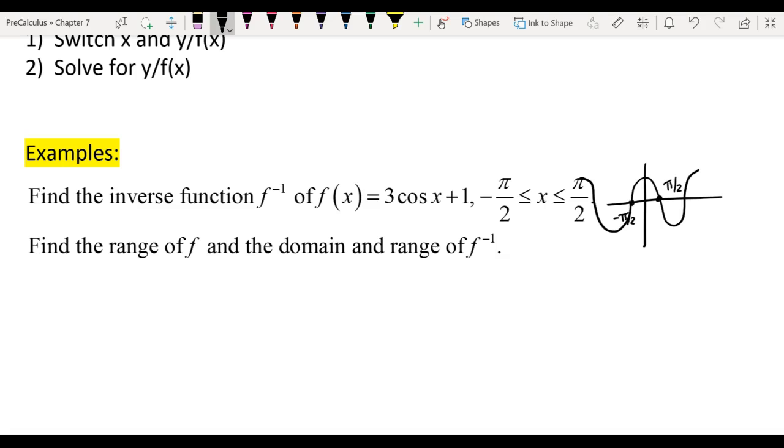And then we have to know what negative pi over 2 is because that's the original domain they give us. So the only part of this graph that we're dealing with is this hump here, because that's what it tells us we're going between: negative pi over 2 to pi over 2.